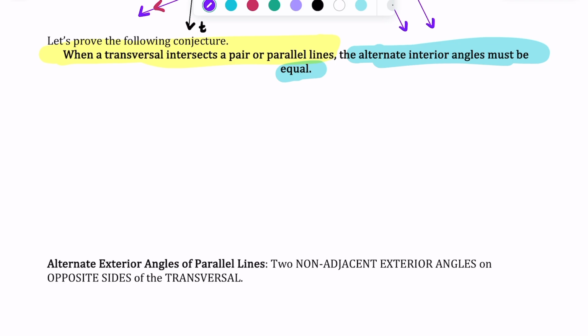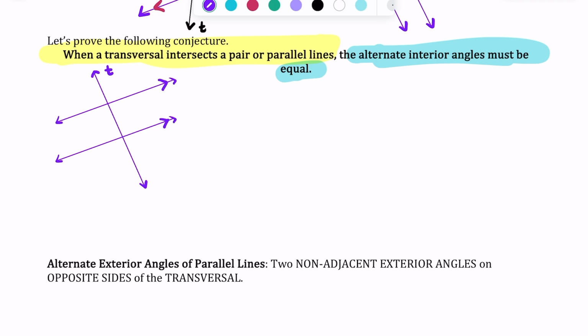We are going to draw a diagram that has two parallel lines and is intersected by a transversal. So this is my first step here.